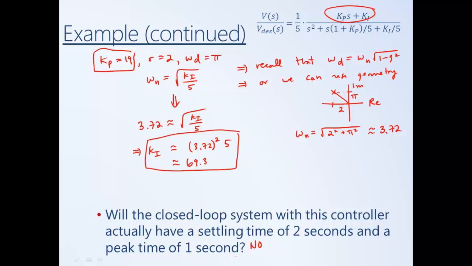That being said, these will still be good starting points. The fact that we have this 0, how do you think it's going to change our actual behavior as compared to what's predicted? Do you think the settling time would be larger or smaller than 2 seconds? Do you think the peak time would be larger or smaller than 1 second? What do you think?